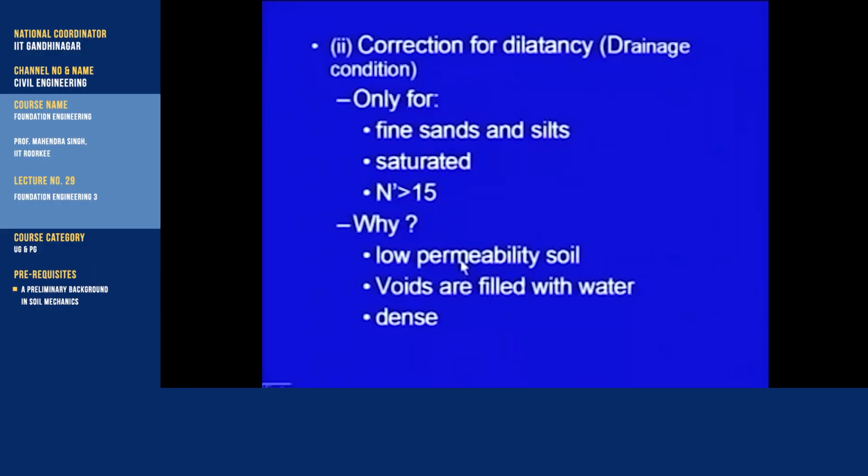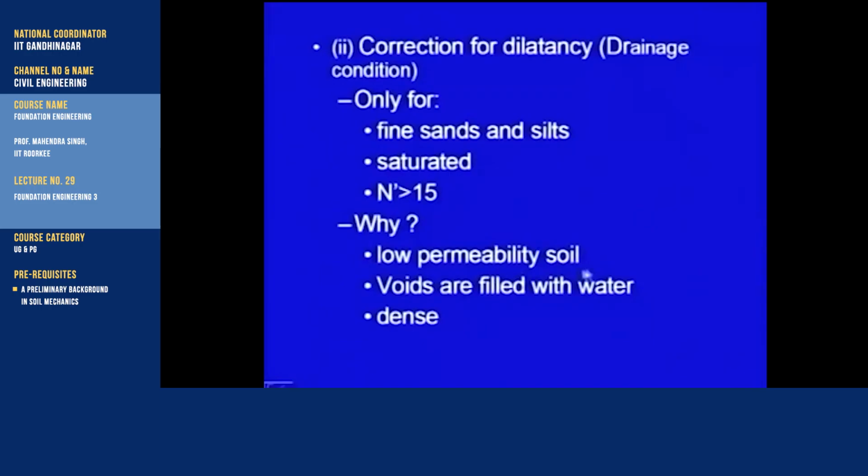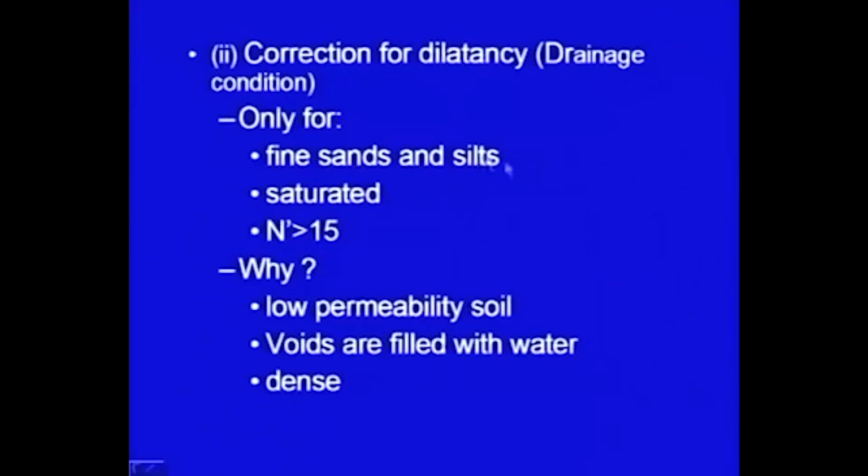It depends on the rate of application of the load and the rate of dissipation of excess pore water pressure. So, if the permeability is low, the rate of dissipation of excess pore water pressure will be low and undrained condition will occur. So, this is why it is applied only for fine sands and silts, not for coarse sand.